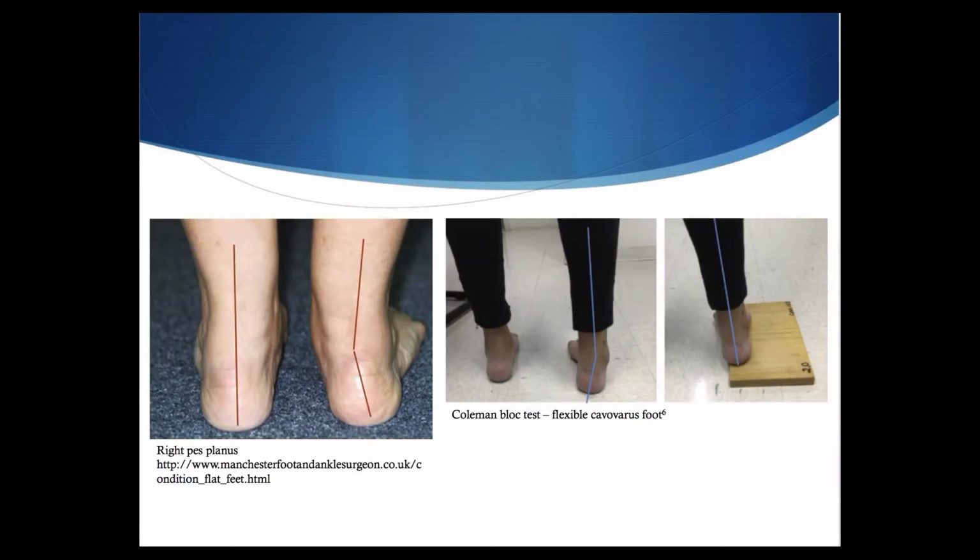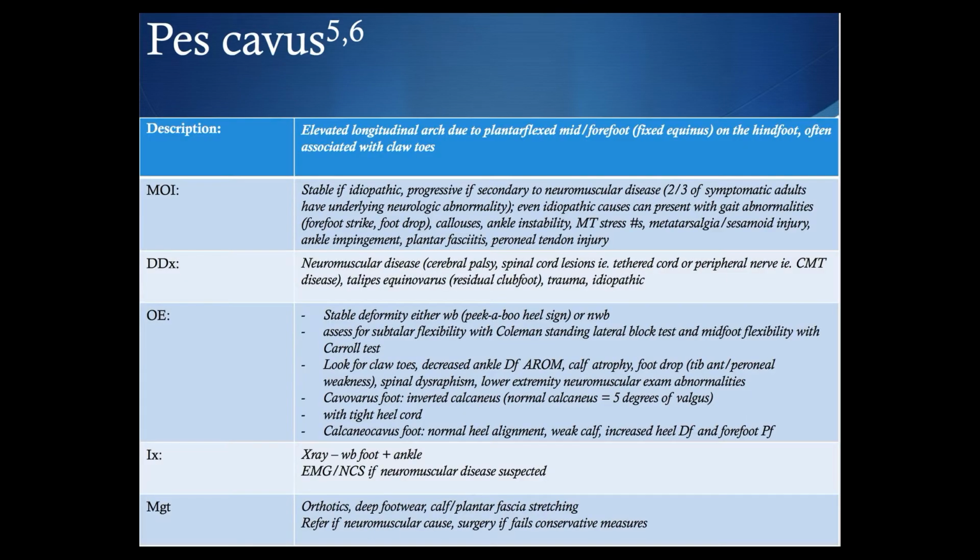If a neuromuscular disease is suspected, consider further referral, imaging, potentially EMG and nerve conduction studies, looking into the lumbar spine for spinal cord lesions, i.e. tethered cord, and considering peripheral nerve conditions like Charcot-Marie-Tooth, etc. Really important.